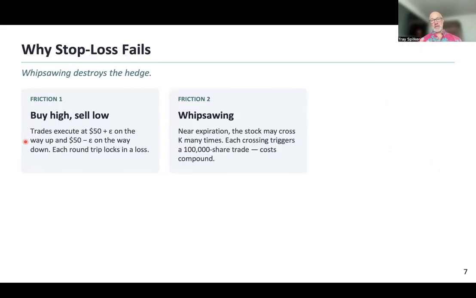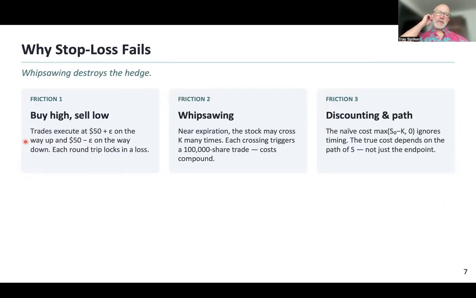Number two, and this is probably worse, is that stock prices will oscillate in and around the strike price. Each time the stock price crosses through the strike price K, you have to do another round trip. In a noisy or really volatile market, this could happen dozens of times, and each crossing bleeds more and more money.